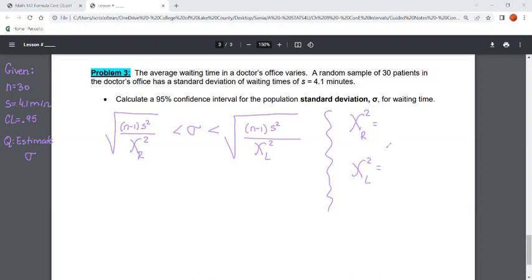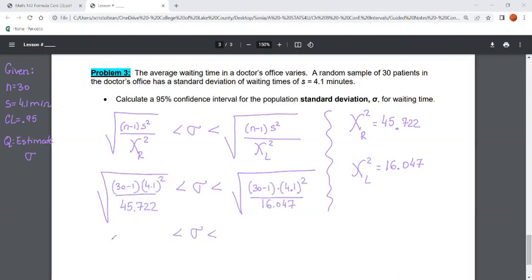And if you've done this correctly, here is what I have: 45.722 for chi squared to the right and 16.047 for chi squared to the left. All we need to do is plug the numbers in, use the calculators to do the calculations, and we will come up with a confidence interval for standard deviation sigma.